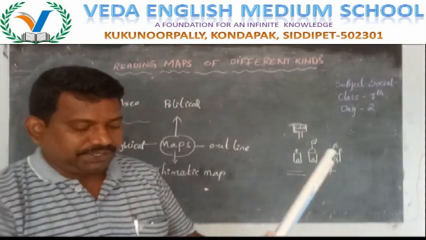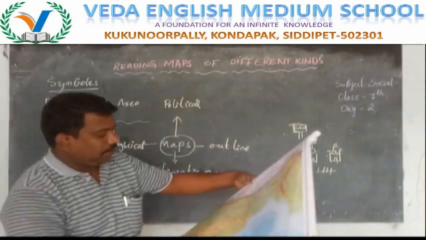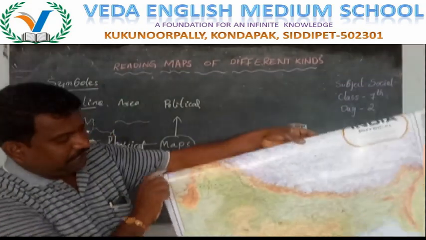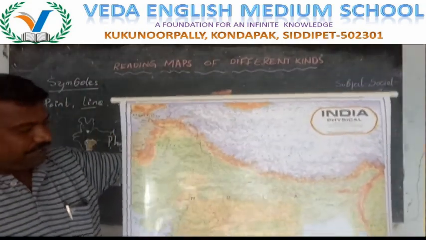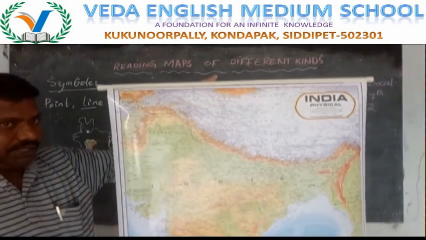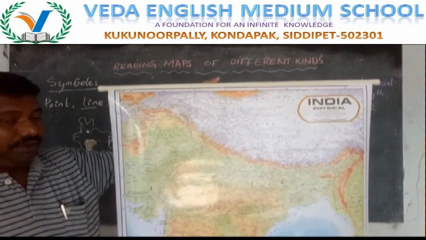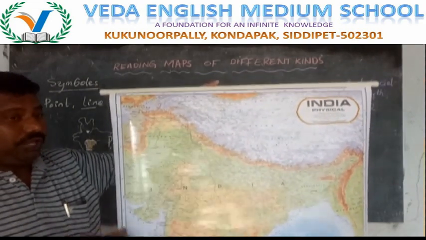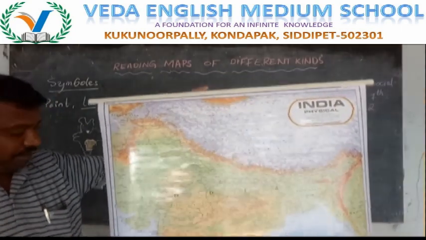See how the physical map looks. It is the physical map of India. I told you, this physical map is colored differently. Different places are colored differently.